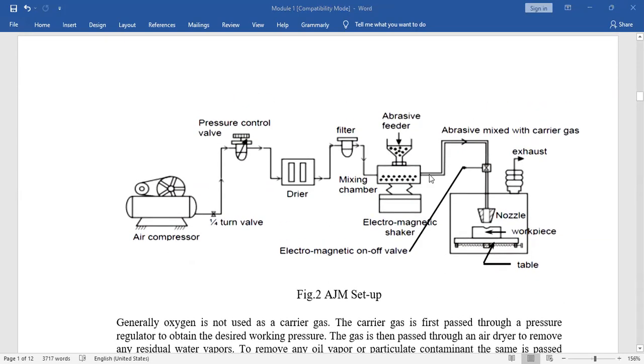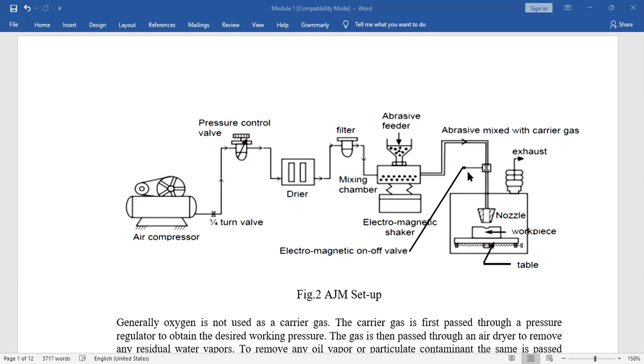Then from the outlet of the mixing chamber, at this pipeline you can see that the abrasive particles as well as the compressed gas go out from here. And here it is the electromagnetic on off valve, because in this pipeline also we have to keep the abrasive particles and the compressed air in a proper ratio.